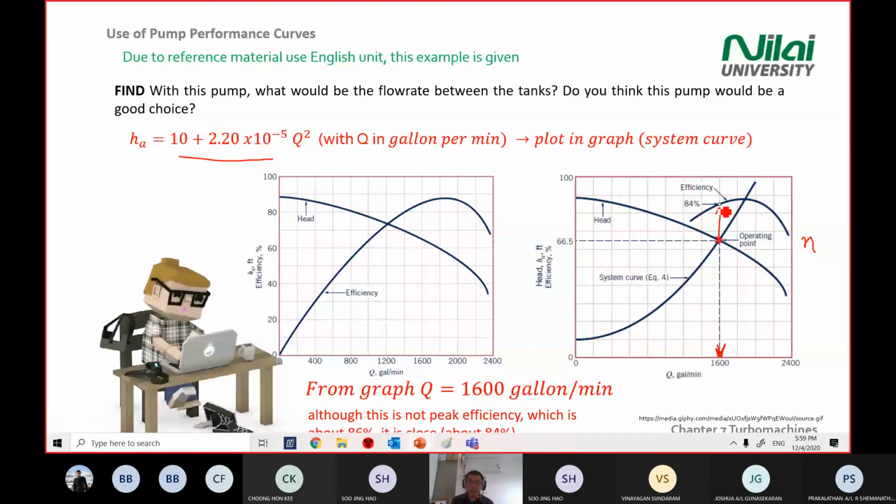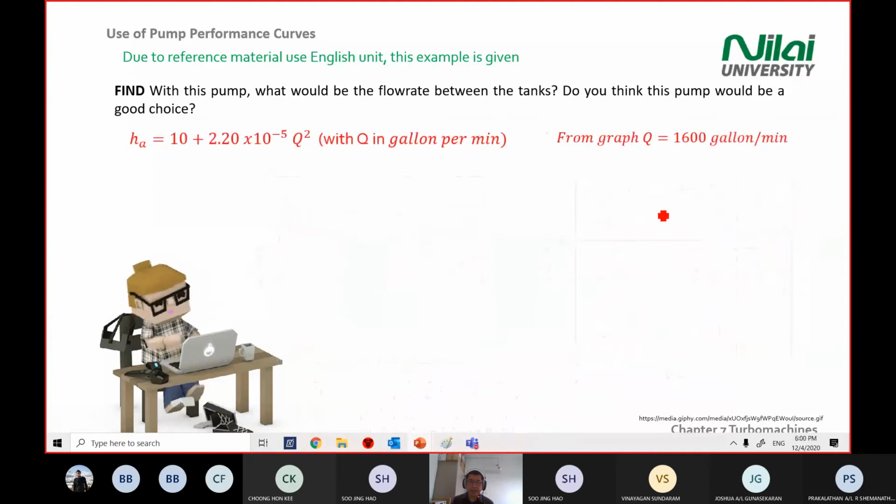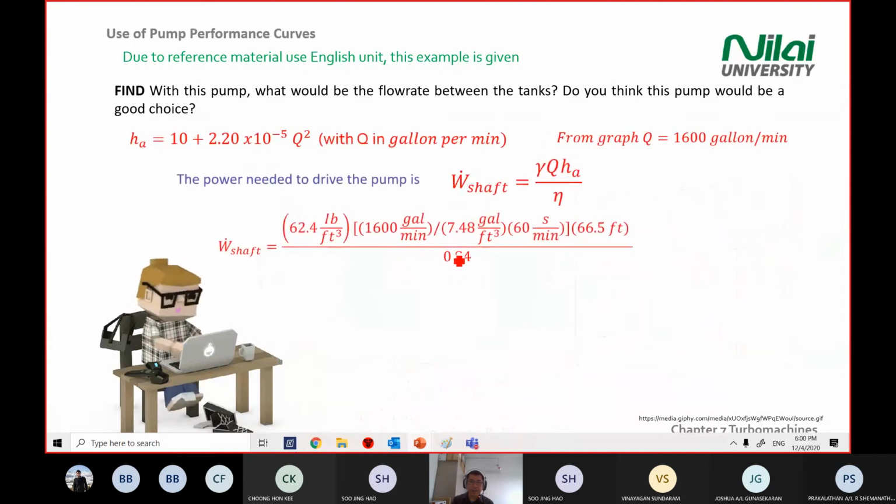When you want to use it in the equation, 100% is 1, but when our value from the graph is 84%, then we convert our efficiency into 0.84. The rest, you just substitute the values accordingly. At the end, you get the answer in terms of horsepower. Again, this one is an imperial unit example.